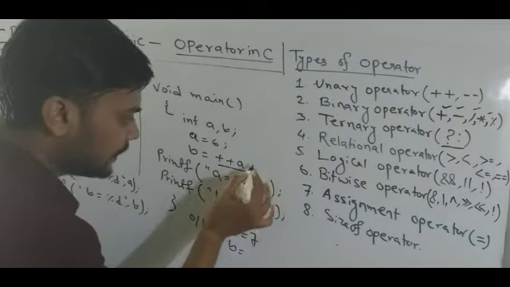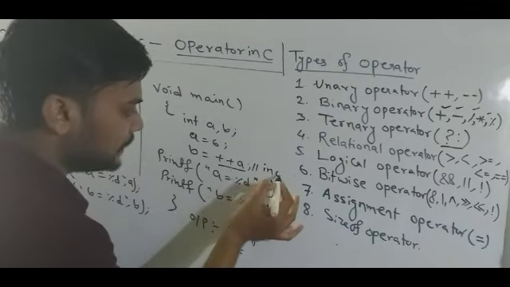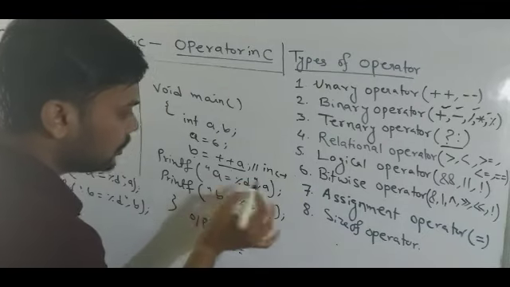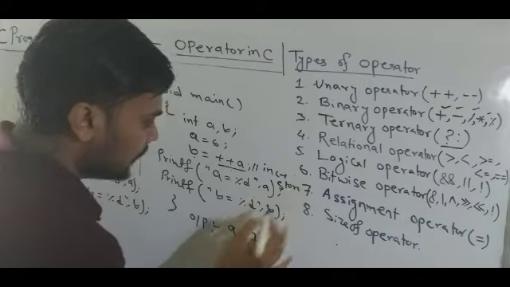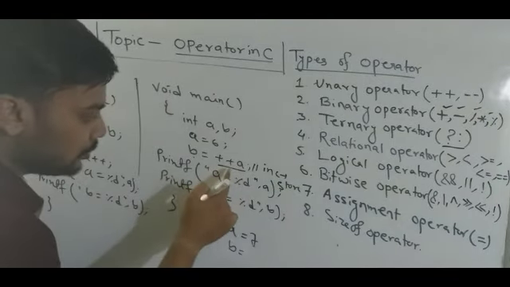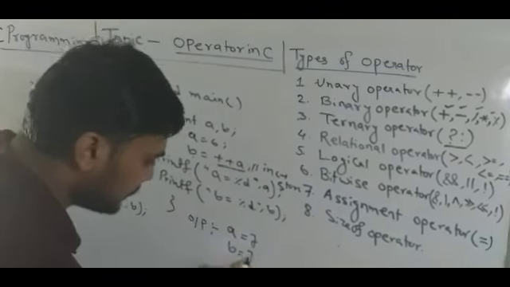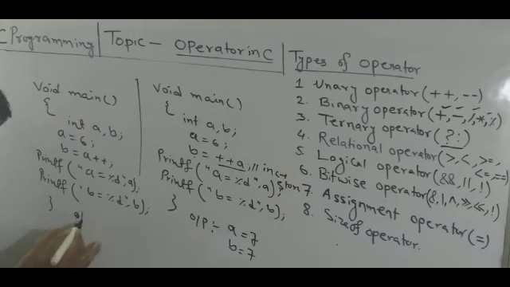That means first the increment will be performed, then the value will be stored to b. That's why b value will be 7, taken from the incremented a variable.